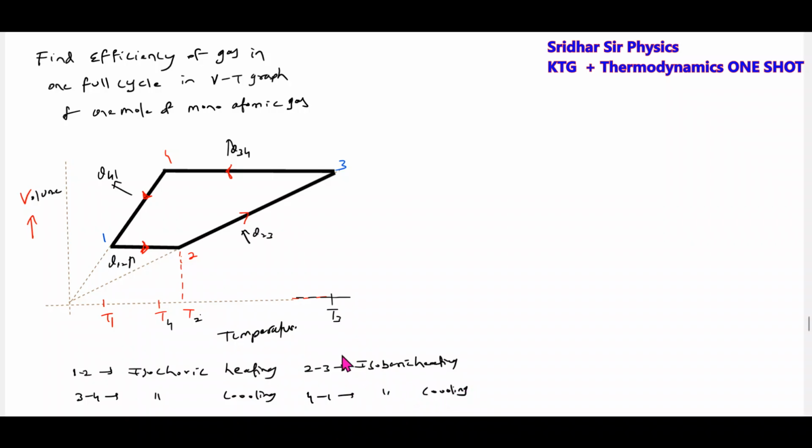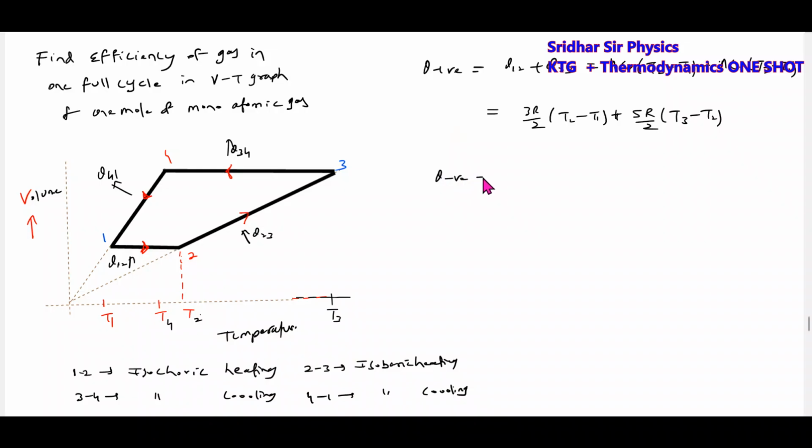Now, first identification of path, then Q. Q is positive where heat is absorbed in the heating processes: Q12 plus Q23. For 1 mole, in the isochoric process nCV(T2 minus T1), in the isobaric process nCP(T3 minus T2). Number of moles 1, so 3R/2 (T2 minus T1) plus 5R/2 (T3 minus T2).